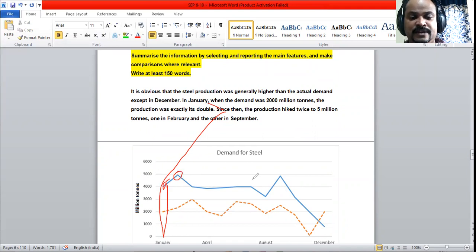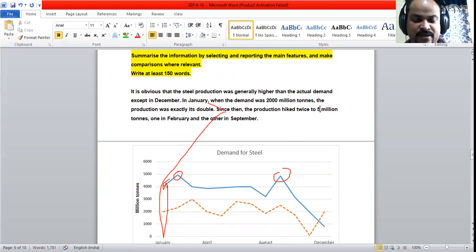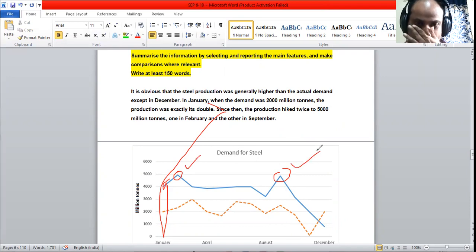I have a correction here. It is not 5 million tons, it is 5,000 million tons. So since then, the production hiked twice, one in February and another in September. So we have cleared that. That's okay, perfect.